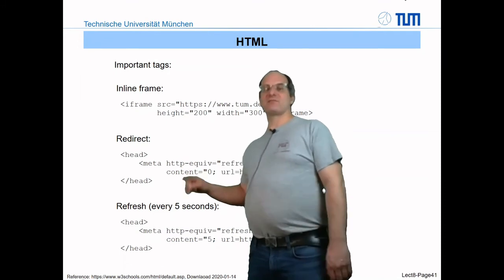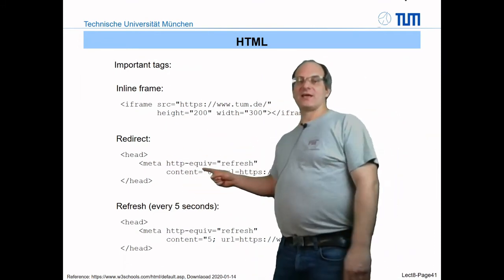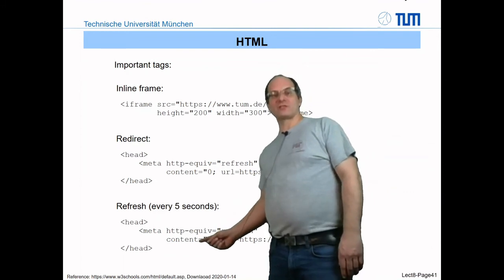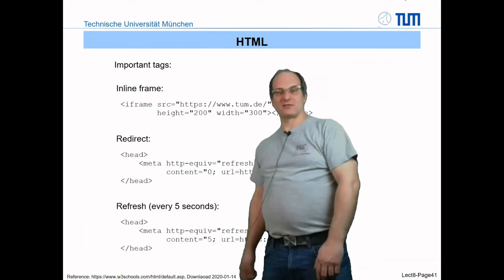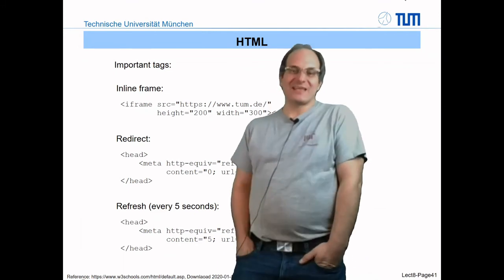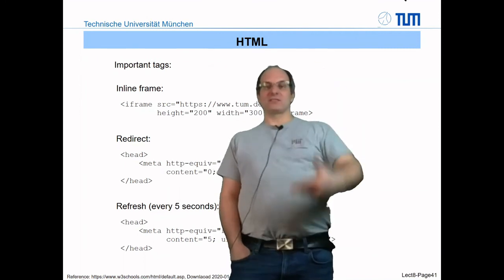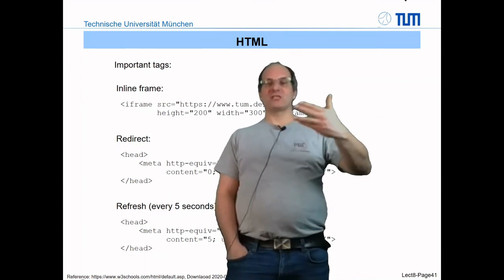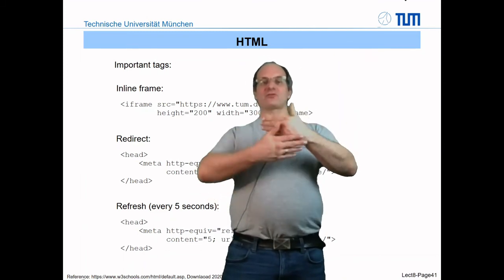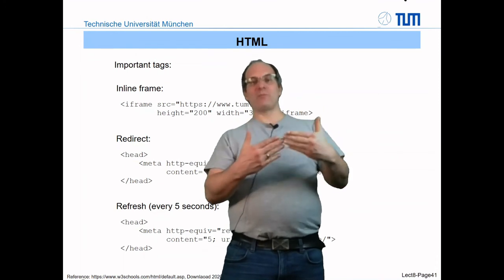So this meta information also offers a huge bunch of possibilities. It can also be used to refresh, for example, every 5 seconds, so that a dynamic effect starts. The problem is that the different browsers use different windows, so that, for example, you have a flickering effect. If a new web page is called, then you have a short white effect, and then the new web page is presented.